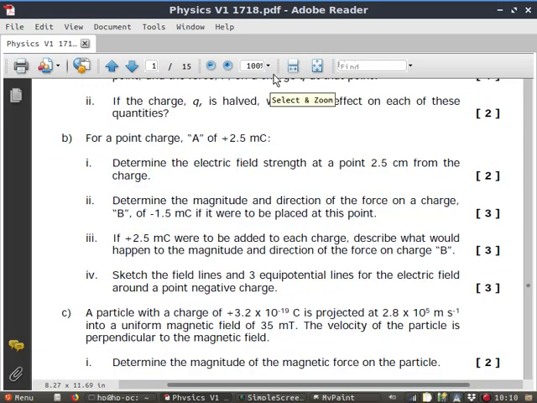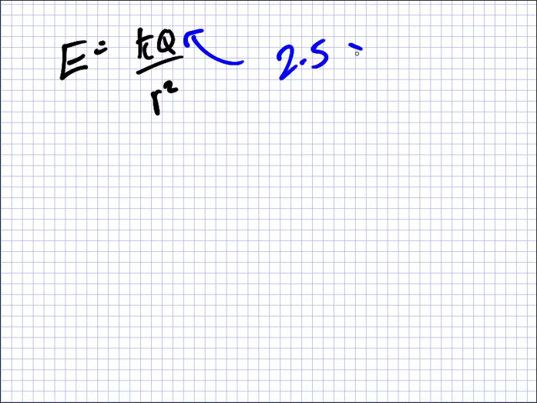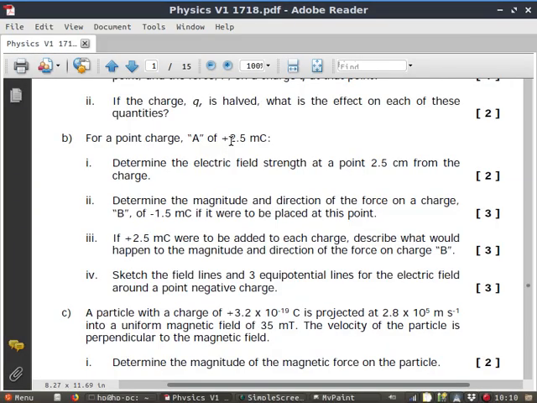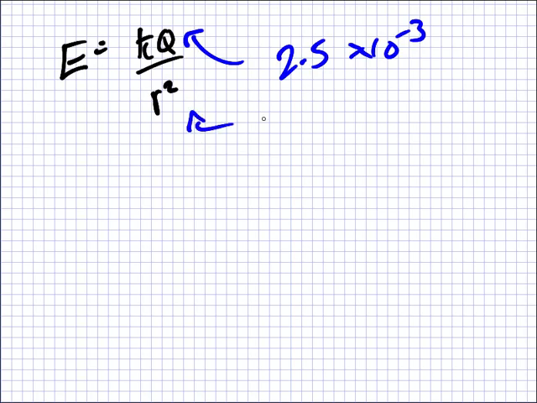Right. What is the electric field strength? So you have the formula, I think Ben, you had it too. It's equal to KQ over R squared, where Q is 2.5 times 10 to the minus 3, and R is 0.025. K is 8.99 times 10 to the 9.